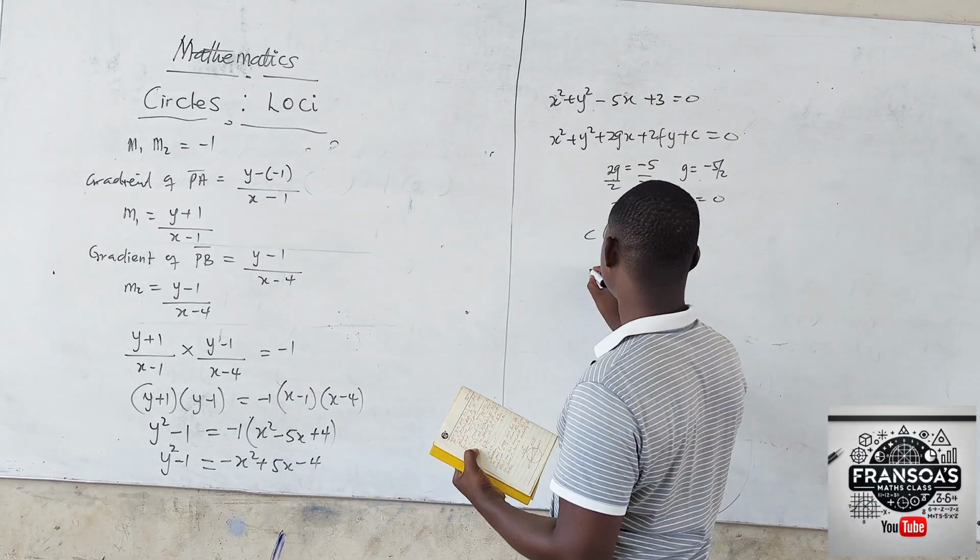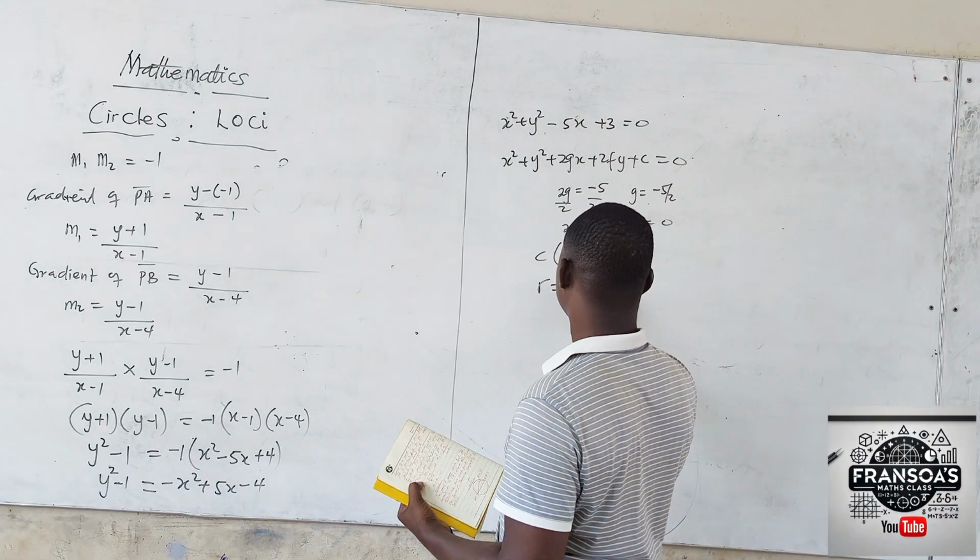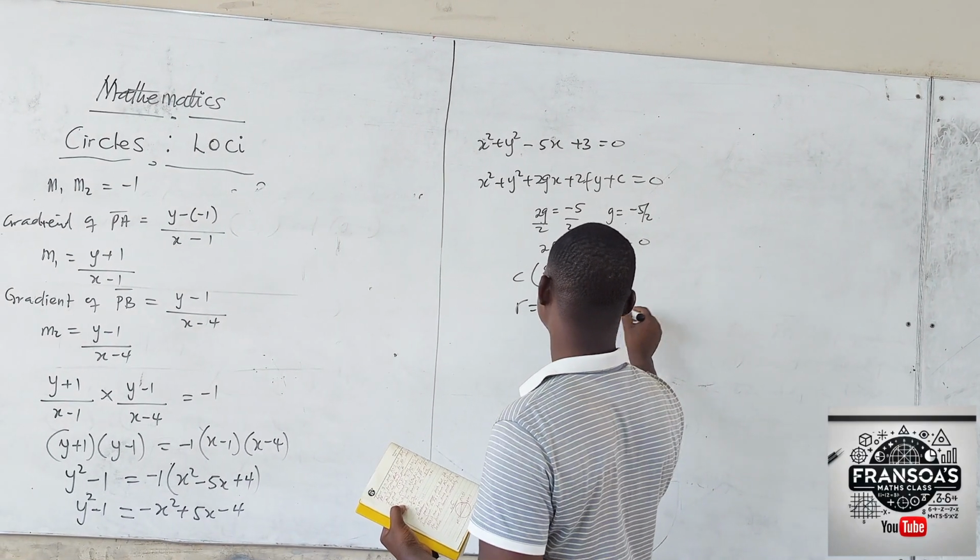Then we need the radius. The radius r is equal to the square root of g squared plus f squared minus c.